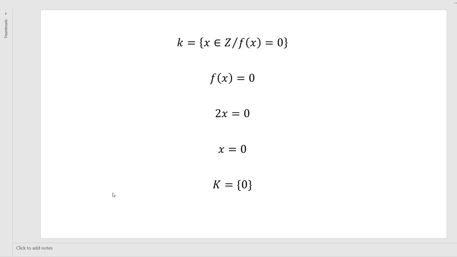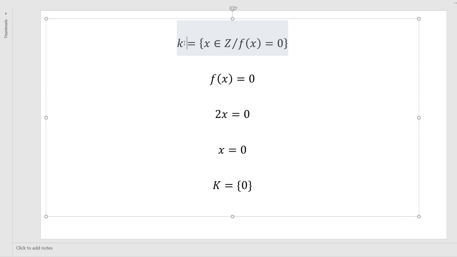Next, we have to find the kernel. K is equal to the set of elements of Z such that their image f(x) should be 0.